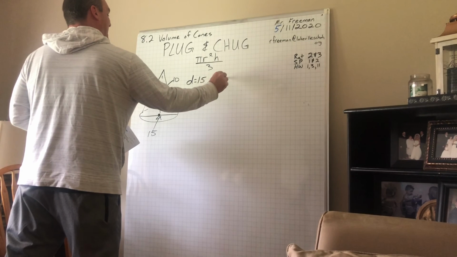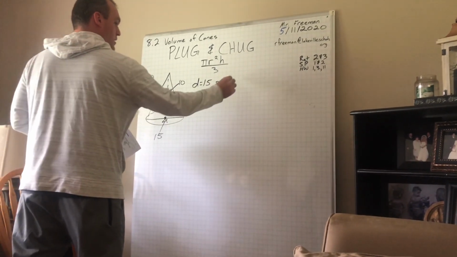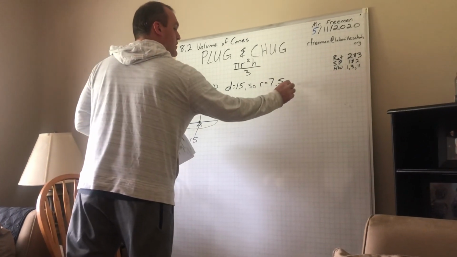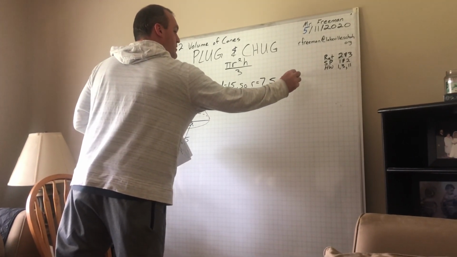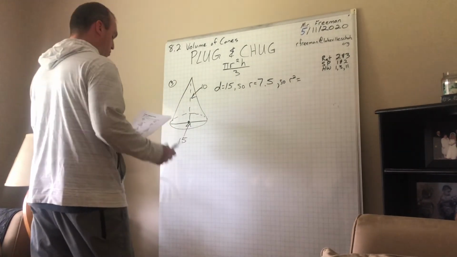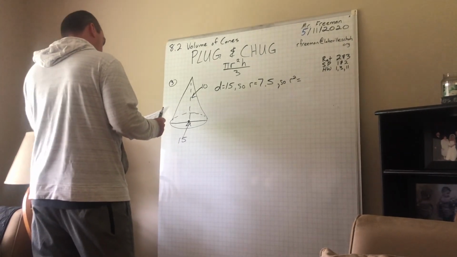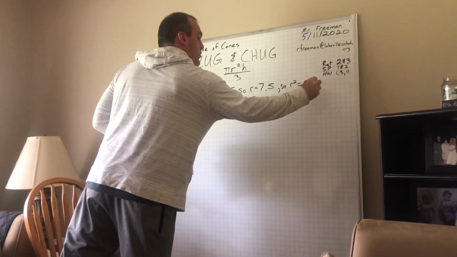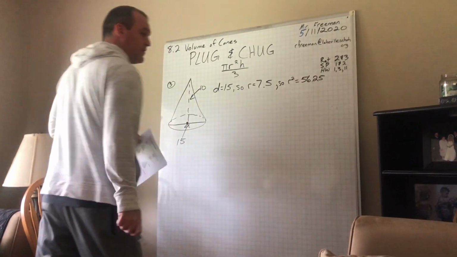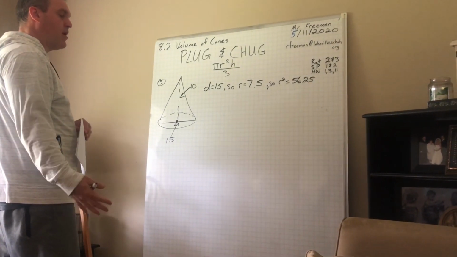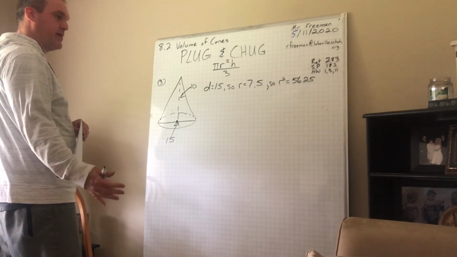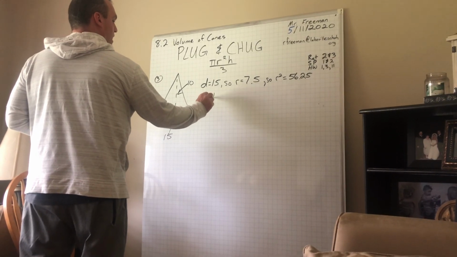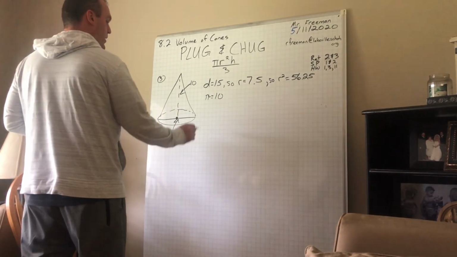So my radius is half of 15, which is 7.5, right? Then radius squared, if you put 7.5 squared into your calculator, is 56.25. So you have to do all that to figure out your radius and your radius squared. But then you know that your height is 10. It's a nice number to work with.